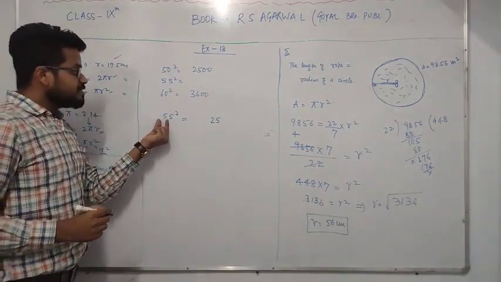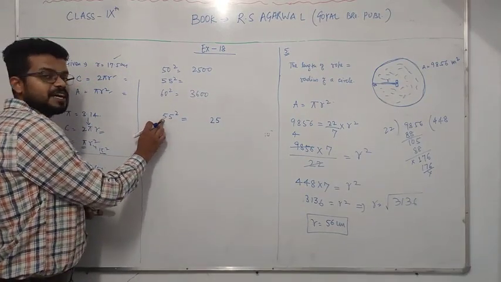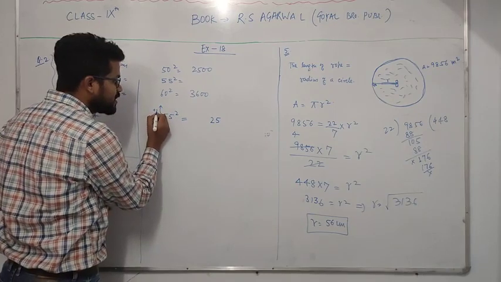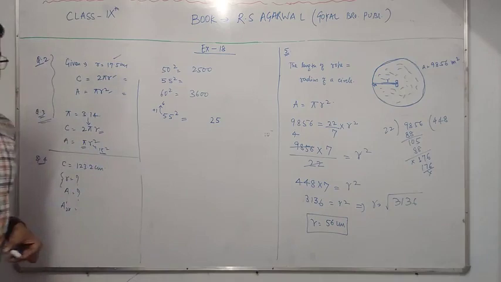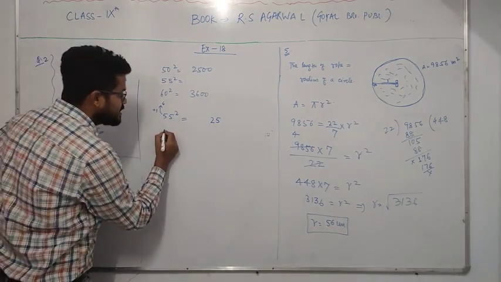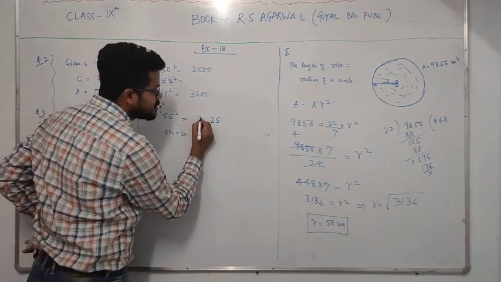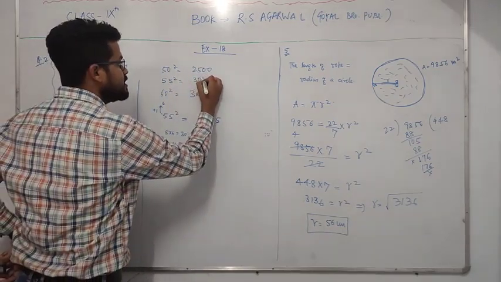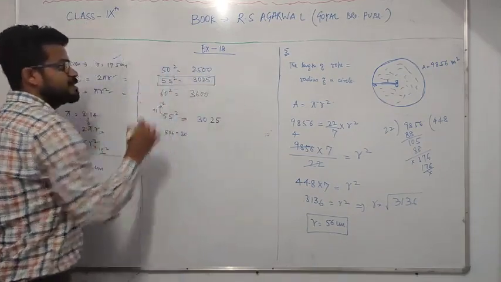Now, what is the value before the 5? Again 5. You only have to add plus 1. So 5 plus 1 is 6, and you multiply 5 into 6, which is 30. So this is 3025. So 55 square is 3025.